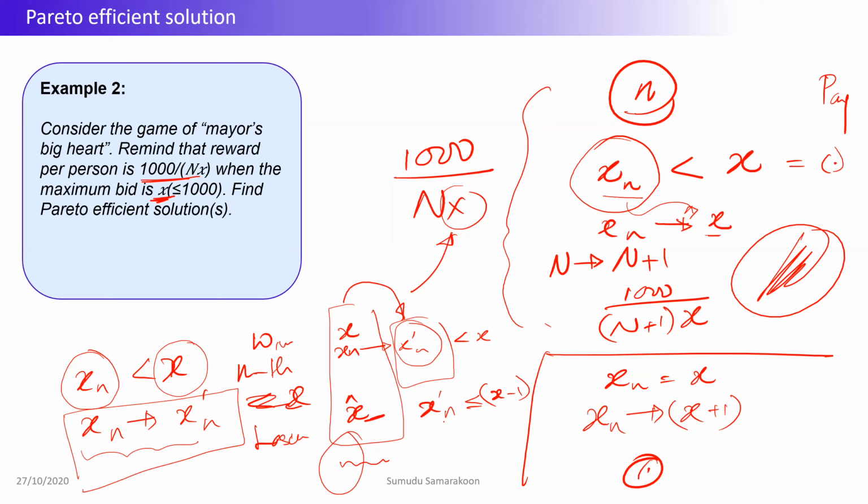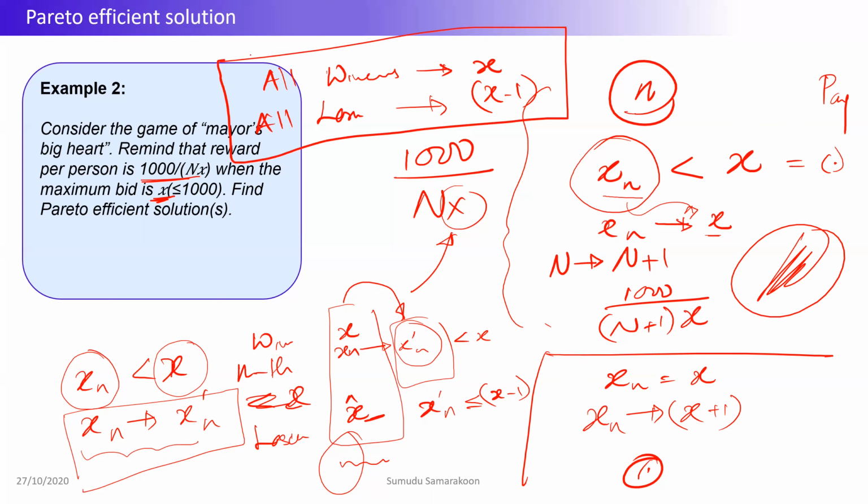So basically, any scenario where the winners have the bid x and all the losers have bid x minus 1. Say this is all winners, of course this is the requirement, and this is all losers, x minus 1. These are the Pareto efficient solutions. All others are Pareto inefficient.